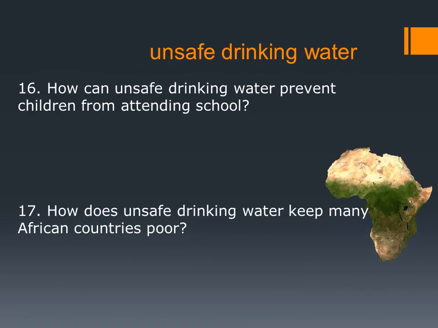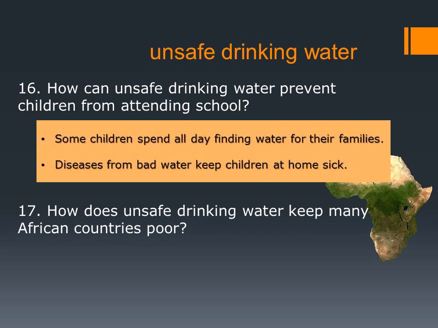Unsafe drinking water. How can unsafe drinking water prevent children from attending school? Well, you have to remember that in many cases, children have to spend a lot of time during the day finding safe water for their families. If there is no safe water supply available near their home, then they might be walking for miles and miles.